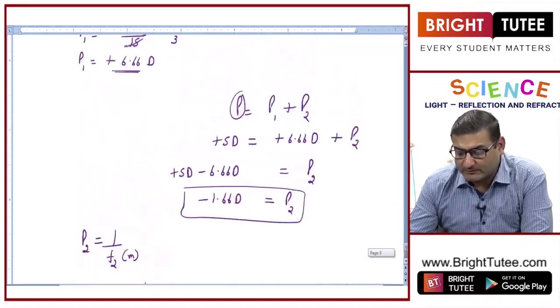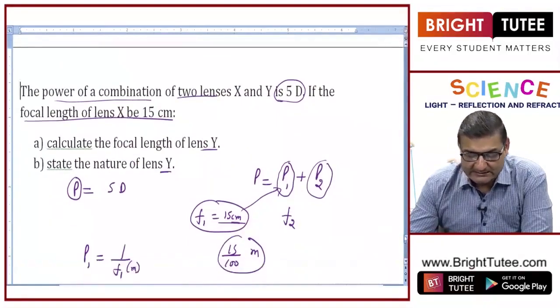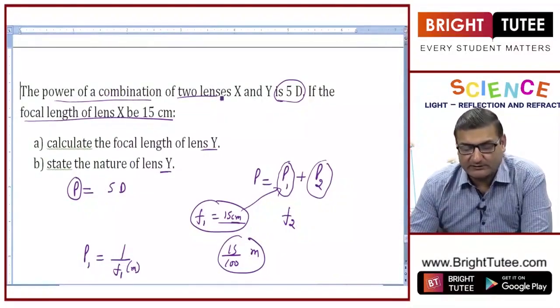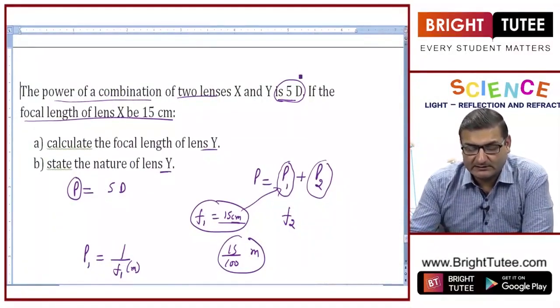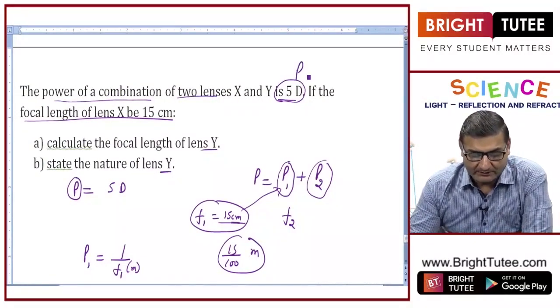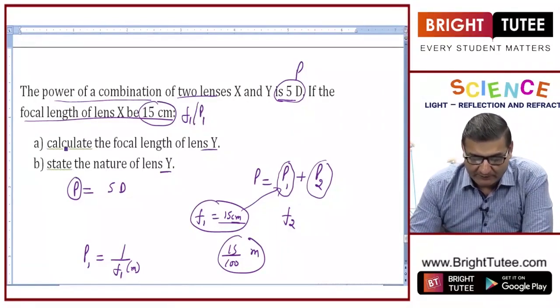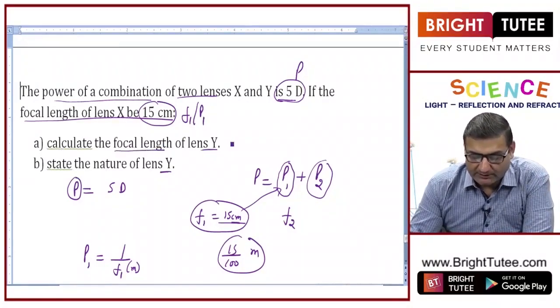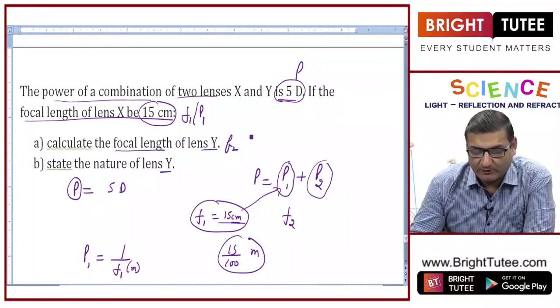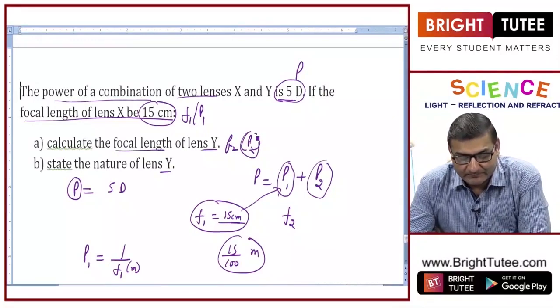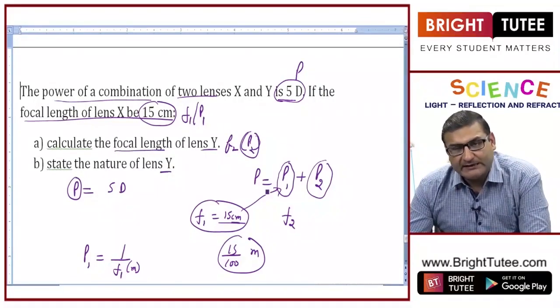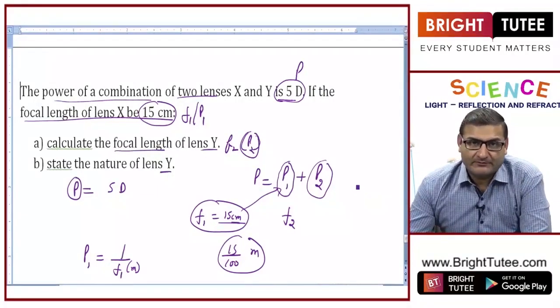Fine. Let us go back to the question. What was being asked? The power of combination of two lenses is given to be 5 diopters. This was total P given. The focal length of X was 15 centimeters. F1 was given, because of which we were able to find P1. We needed to calculate the focal length of the lens Y, that is F2. For that, we first of all found out P2. How? With this formula P is equal to P1 plus P2, right?